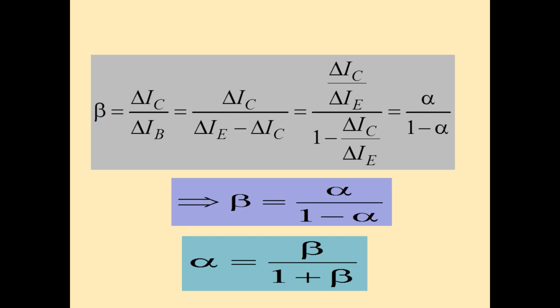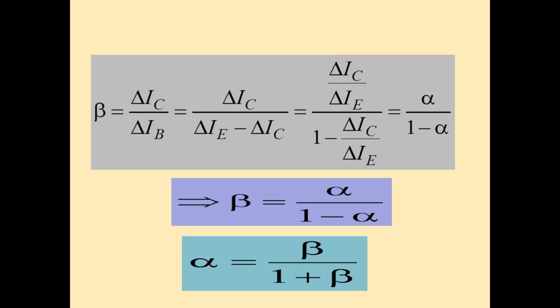We know that beta equal to delta IC by delta IB, and IE equal to IB plus IC. From that relation we can write delta IB equal to delta IE minus delta IC. I substituted the delta IB value in the denominator. So now the numerator and denominator are divided by delta IE. So it becomes delta IC by delta IE divided by 1 minus delta IC by delta IE, which is equal to alpha by 1 minus alpha.